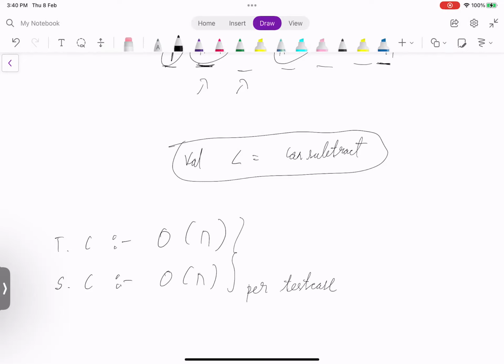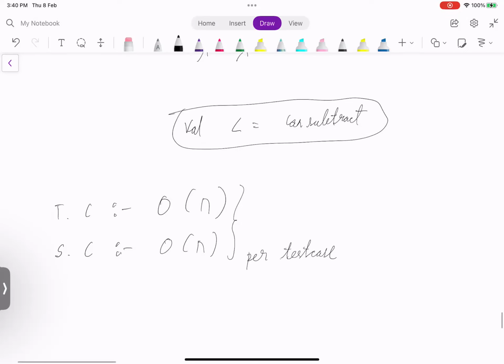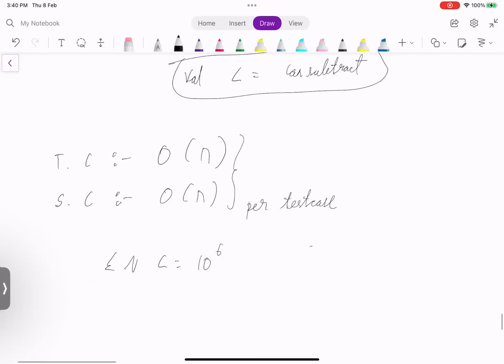So if you see, test cases are 10 power 6 given, it is guaranteed that summation of n is less than or equal to 10 power 6. So this means you can assume there is one test case with n equal to 10 power 6.